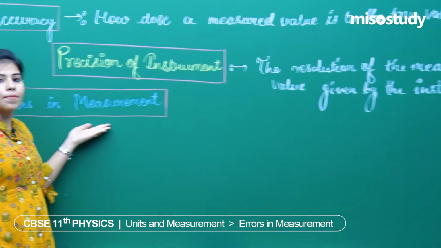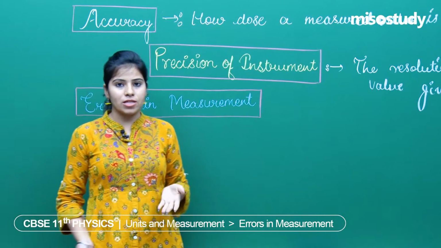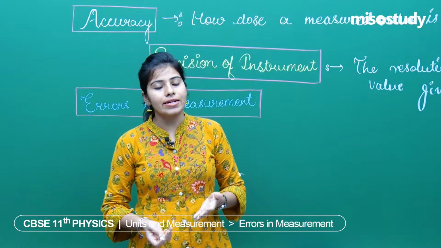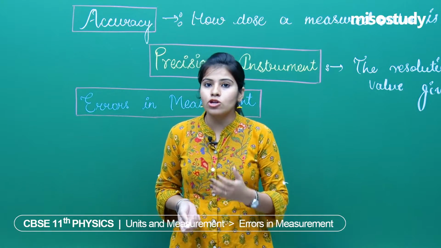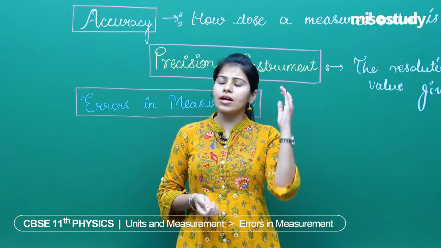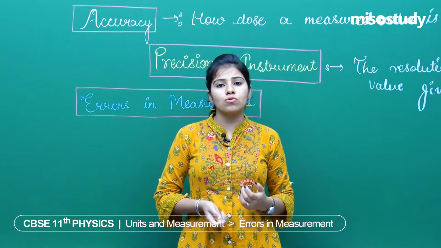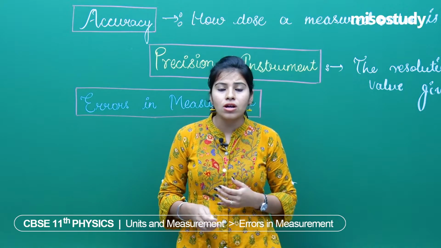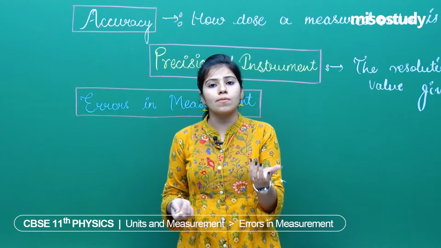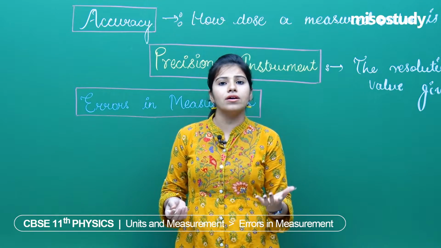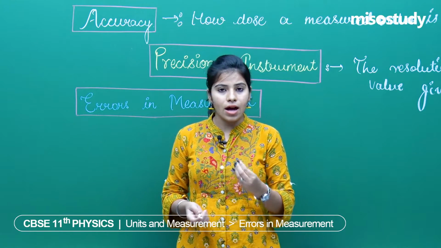Now if I talk about errors in measurement, you would have seen that no measurement can be perfectly accurate. There is definitely going to be some error while you are measuring with the instrument, while you are doing the procedure, or, if I talk about the least count and zero errors, there would definitely be error.